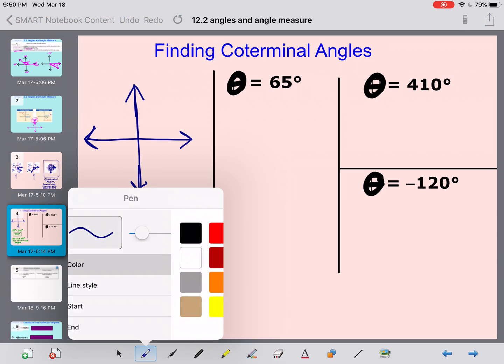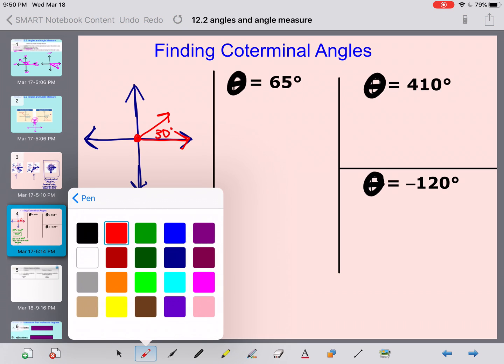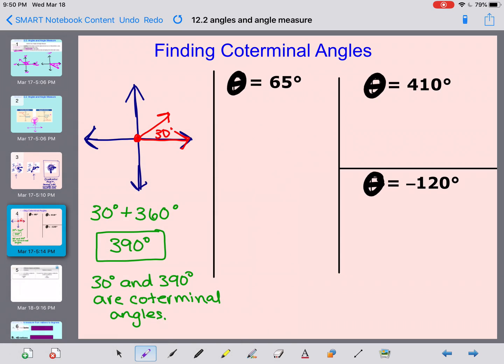So my original color was red, right? This was the 30 degrees. So now if I want to do, let's go with purple. If I want another angle that's coterminal, right, that's a negative angle, I could draw the same initial side, but this time I'm going to go clockwise in the negative direction. I'm going to stop at the same terminal side, right? So what's the measure of this purple angle?